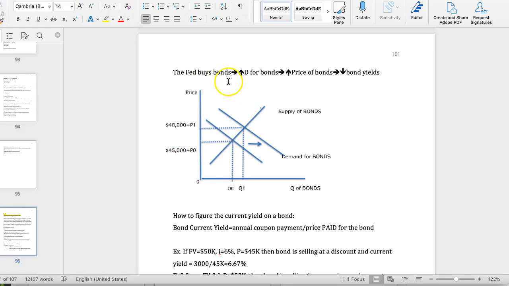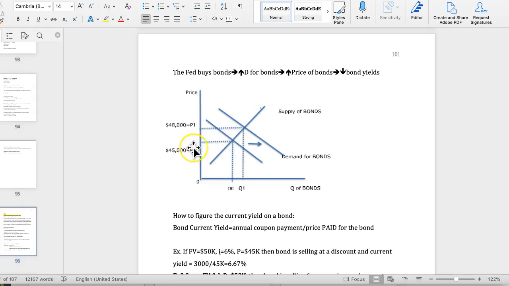But the Fed's going to buy bonds. That means they're going to increase the demand for bonds. So we know if the demand increases, the line is going to shift to the right. So if the line shifts to the right and we were here at Q0 and P0, now we're going to be here, and it's going to be Q1 and P1.